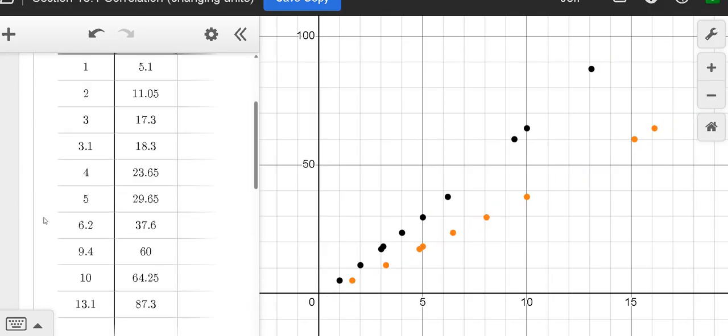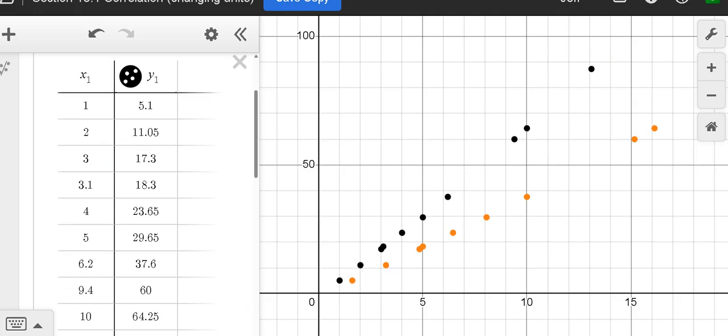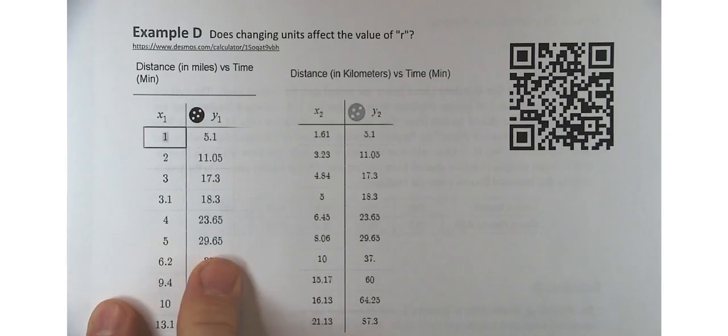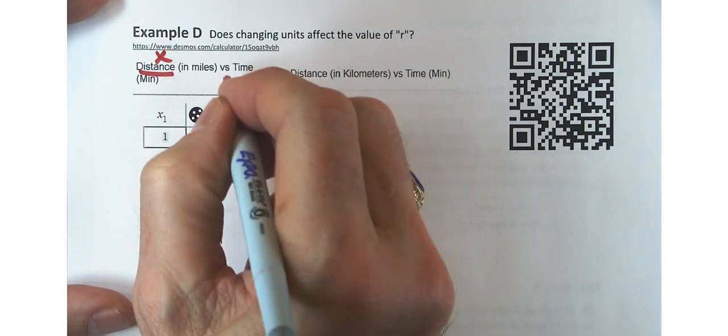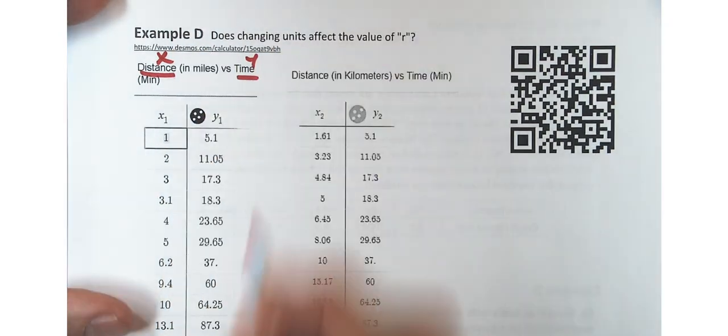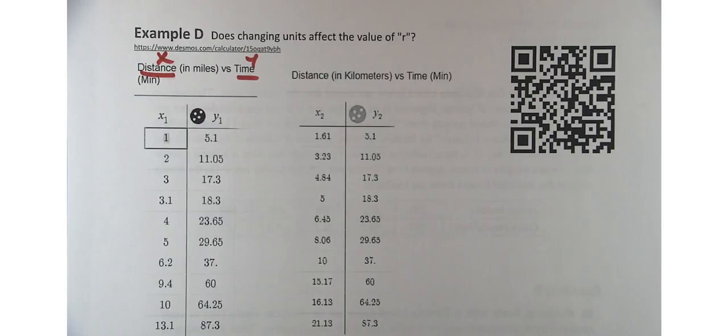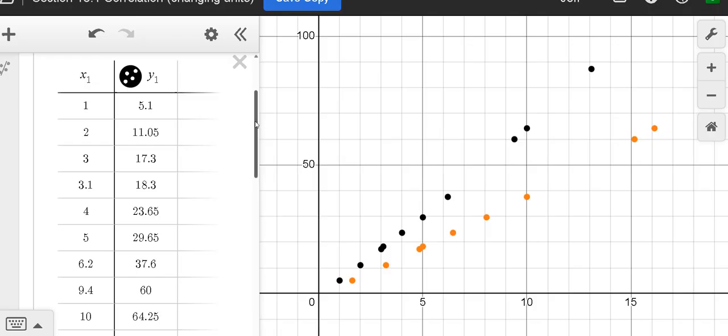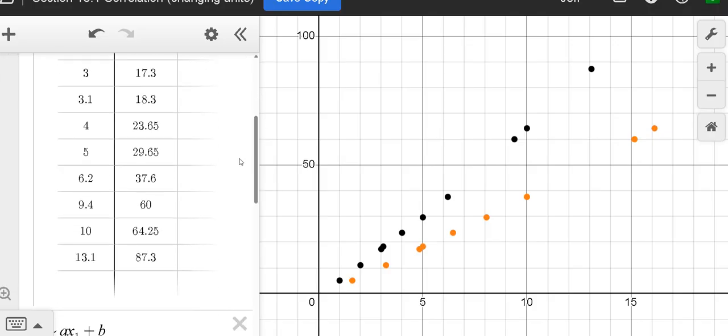So we've got two different data sets. This is how fast somebody runs a race. You know, the race, that's the distance, that's the time. Here it's distance in miles, so that's our X, and time in minutes, that's your Y. And you get this plot of the data that we have here in Desmos. So that's the black dots there.